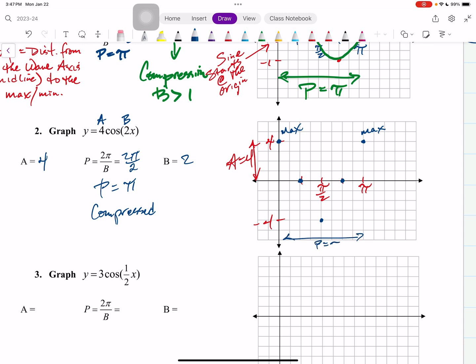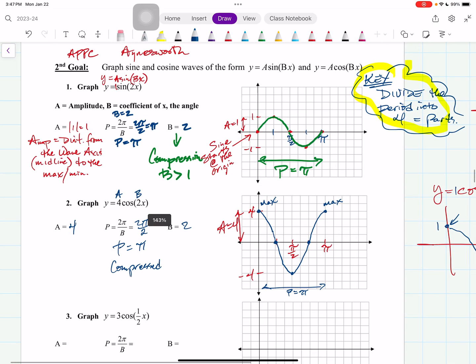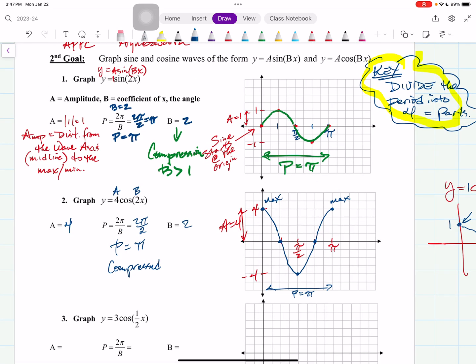Here, p is equal to pi, the period length. And then you sketch. So it's going to be decreasing. Make sure you curve it here. Don't make it V-shaped. That'd be bad. And then curve it here. And that is 1 period of this function. It doesn't say graph for 1 period, but I'm only graphing 1 period. Okay, so that's that one.